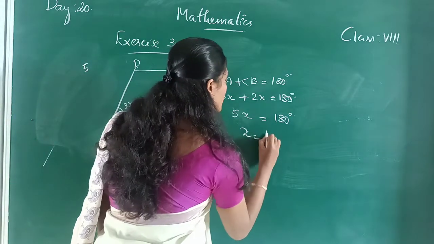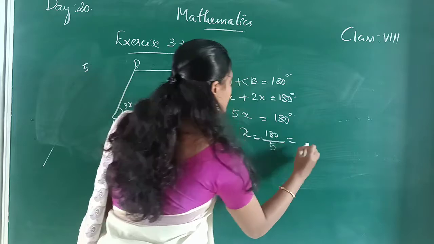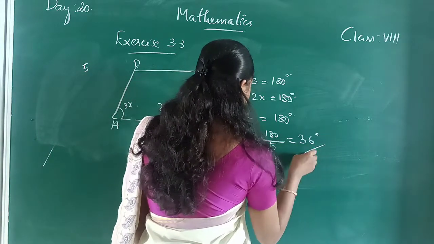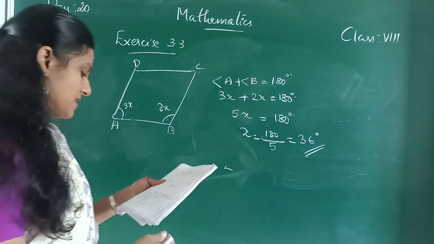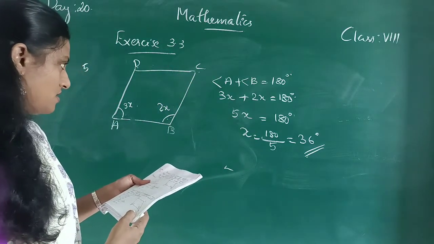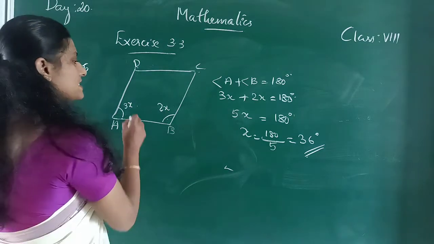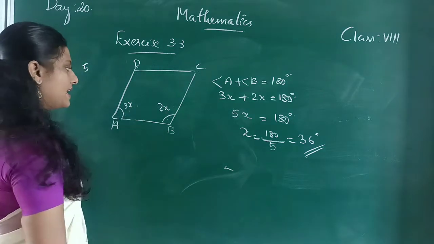So x is equal to 180 divided by 5. Answer is 36 degree. Okay, so x is 36 degree.